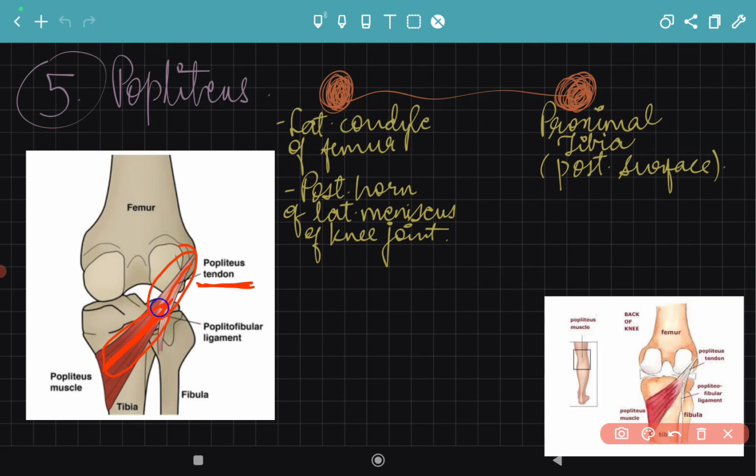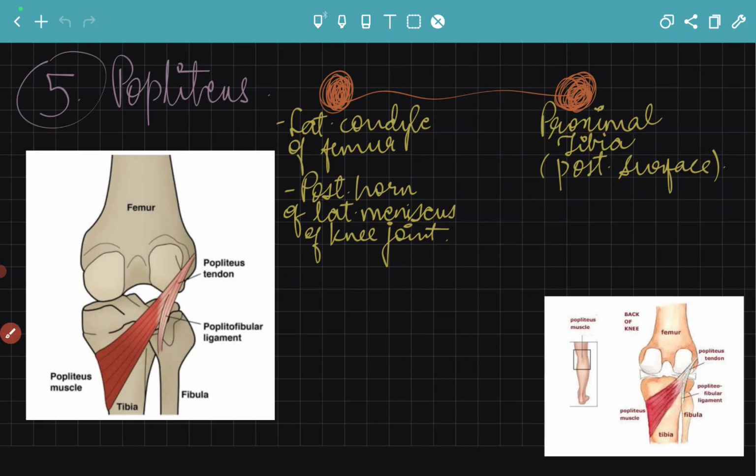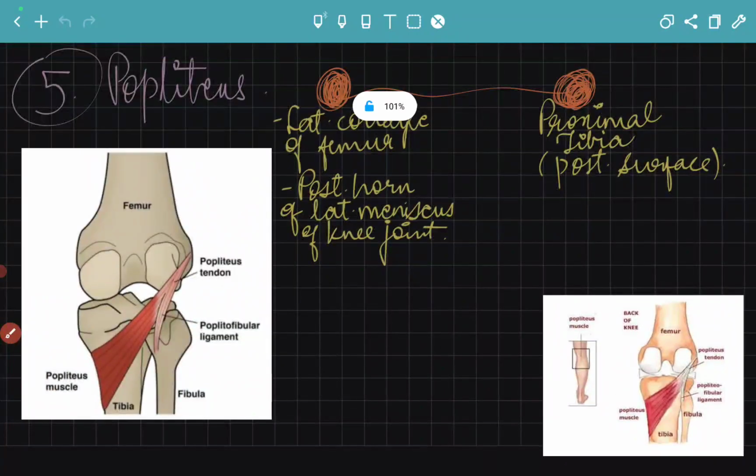So it covers the posterior aspect and proximal tibia. So starts from the lateral condyle of femur and posterior horn of lateral meniscus of knee joint, and this way the popliteus originates and then inserts to proximal tibia posterior surface. Can be well appreciated over here at the back of the knee. Origin and insertion. So this was about popliteus.